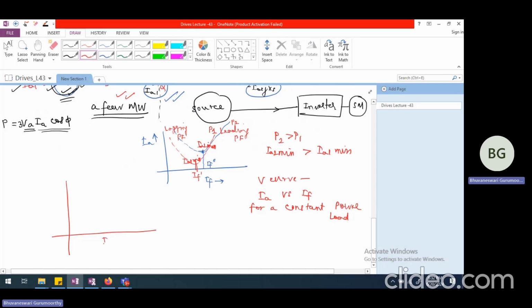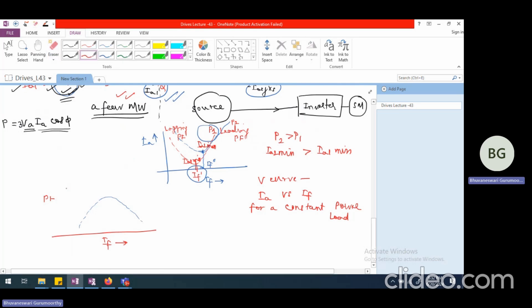So if I have the field current here and I am looking at the power factor, the power factor maximum can be 1. And that happens at a particular field current, which in this case is I_f dash. So for a power of P1 output, the power factor goes somewhat like this. So this is going to be unity power factor here.